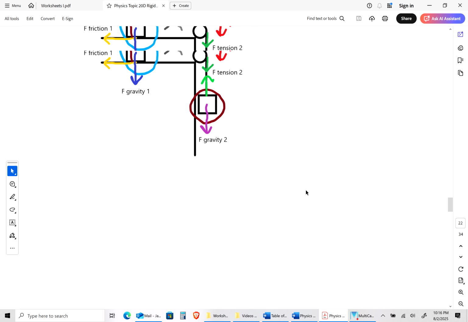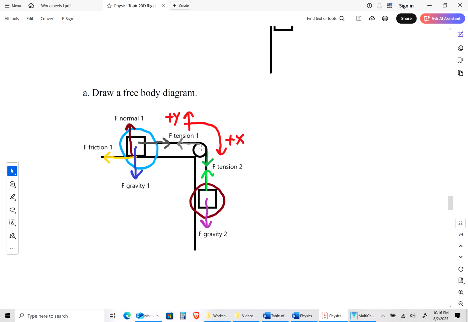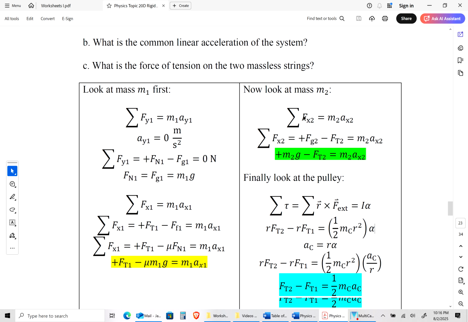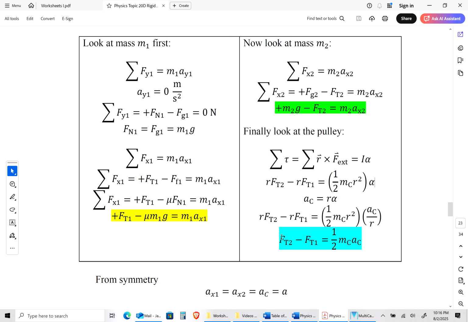So the radius of this cylinder times force tension 2, that's torque, minus the radius of the cylinder times force tension 1, that's equal to I alpha. So we could simplify to get this equation in blue.